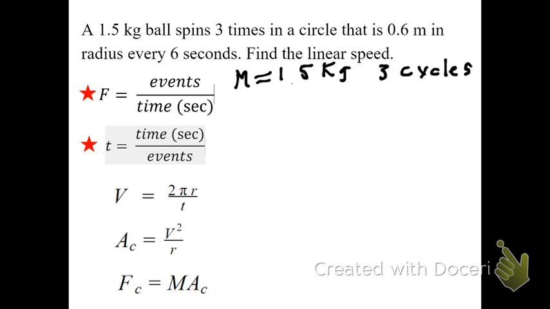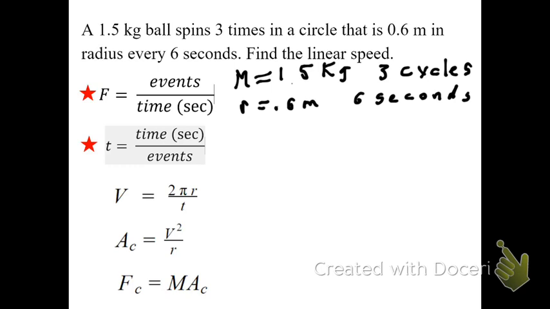And we have a circle that's 0.6 meter radius. So radius is 0.6 meters. And this is gonna happen every 6 seconds. So 6 seconds. We want to find the linear speed.